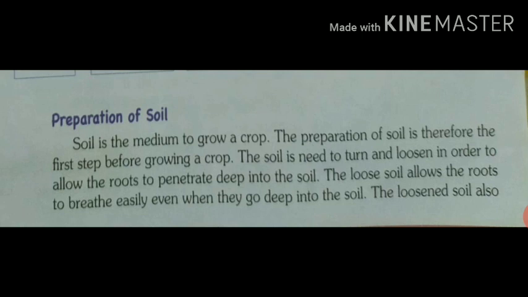So loosening and turning, what is the meaning of loosening and turning? Loosening means मिट्टी को गीला करना और उसको बार बार टर्न करना यानी पलटना. So loosening and turning of soil is very important and it plays a very important role.